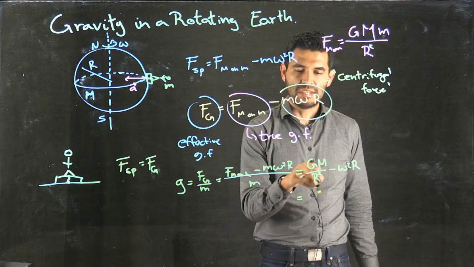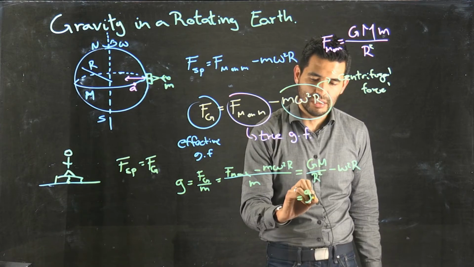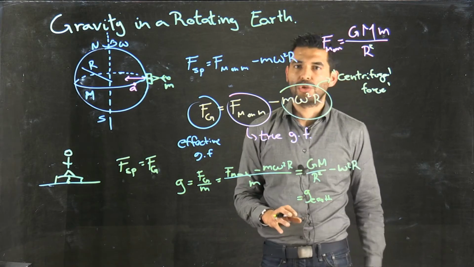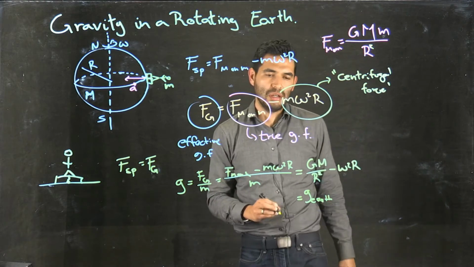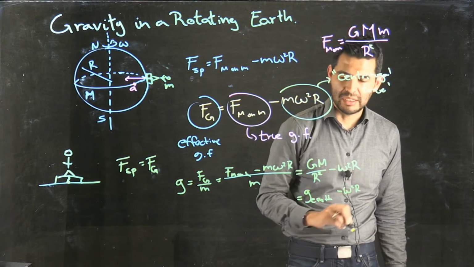Now, let's give this whole term a new name, which, for example, is going to be g of Earth, the real acceleration due to the gravitational pull of the Earth, minus omega squared r.